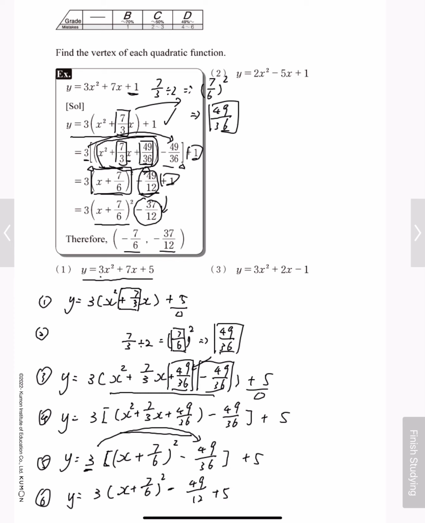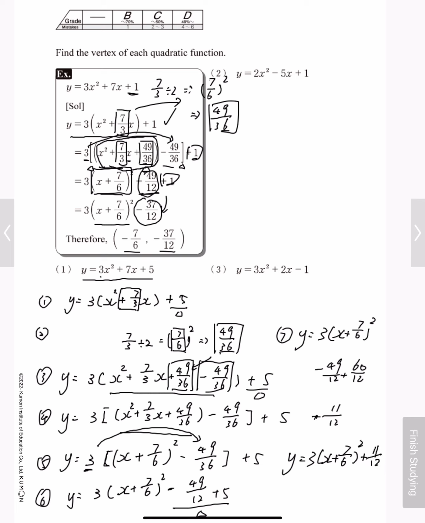And last step, number 7, is I combine these together. y equal to, nothing changes, again, 3 bracket x plus 7 over 6 to the power of 2, minus 49 over 12, plus, all right, so what's that? 11 over 12. So my final answer will be y equal to 3 bracket x plus 7 over 6 to the power of 2 plus 11 over 12.